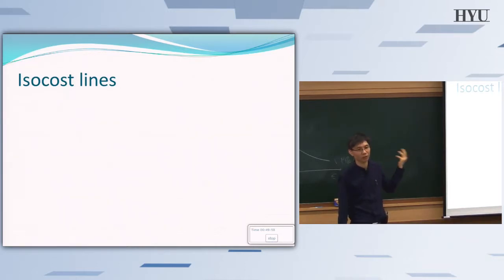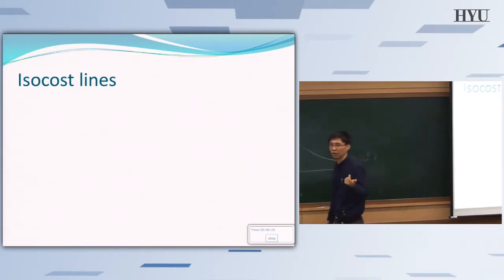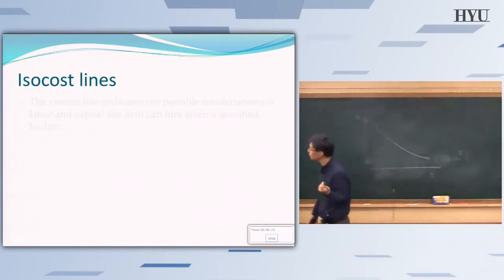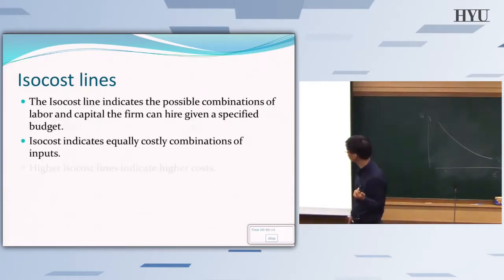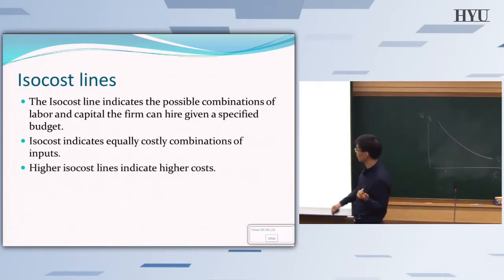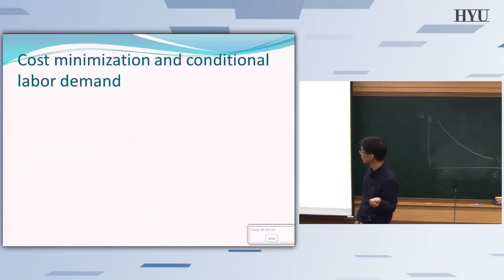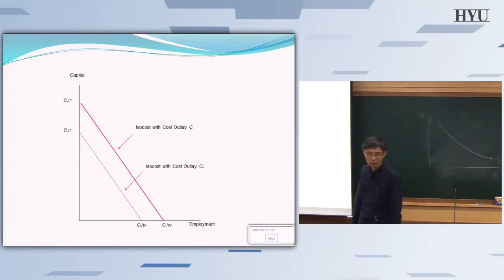It means combinations of labor and capital inputs that cost the same amount of money to the producer. So iso-cost indicates equally costly combinations of inputs. Higher iso-cost is going to look like this.